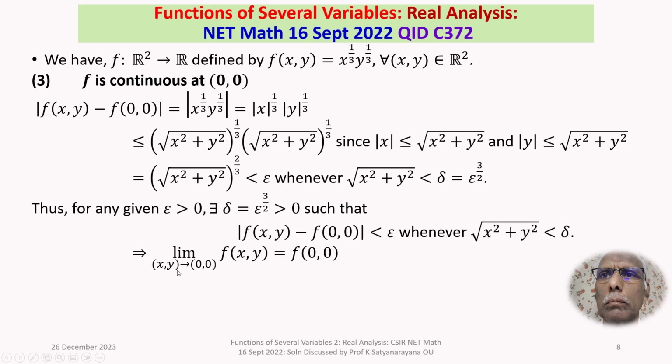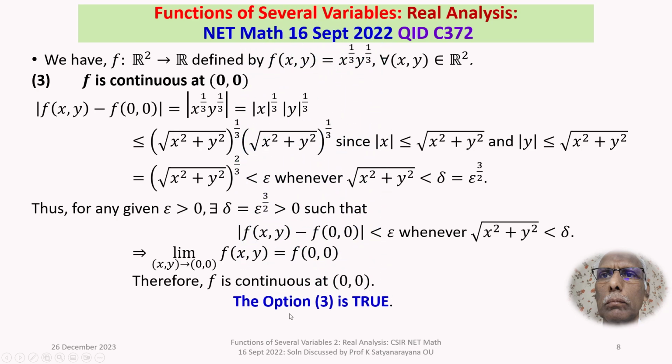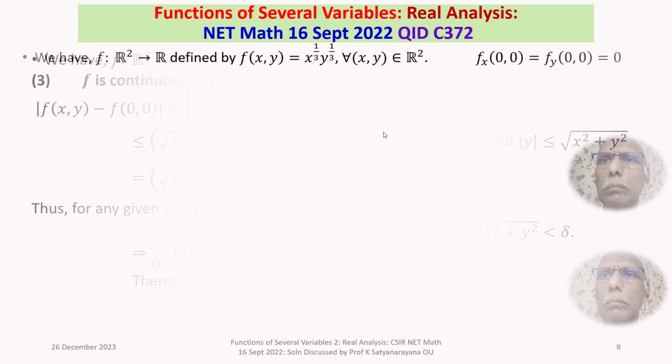Limit (x, y) tending to (0, 0) of f(x, y) is precisely f(0, 0), and this is precisely the definition of the continuity of the function f at the origin. So therefore, f is continuous at (0, 0). Therefore, the option 3 is true. Right. We move to the last option, that is option 4.